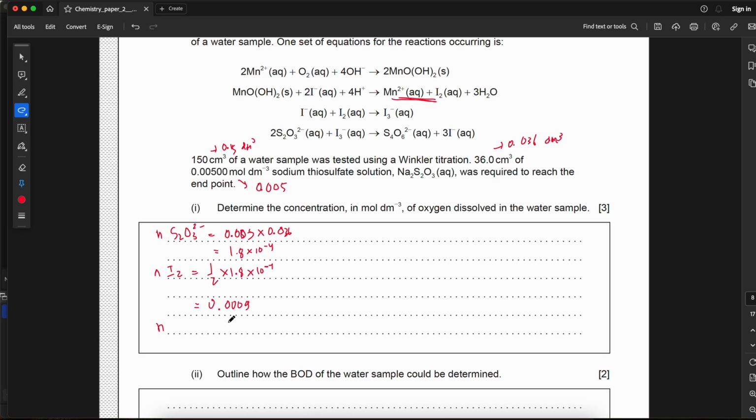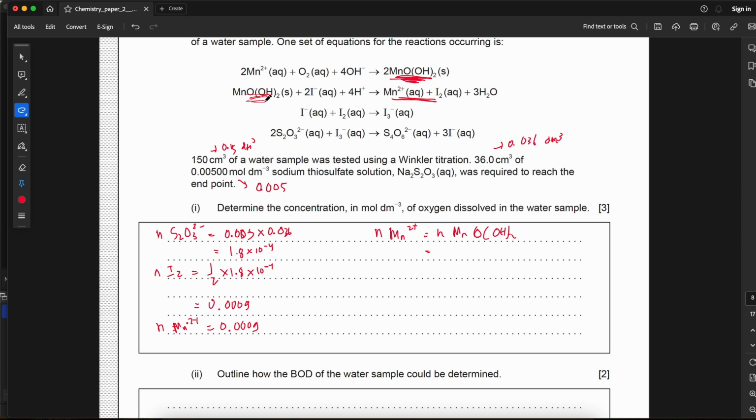It has the same coefficient, so Mn2+ will be 0.00009. And now we go to the manganese hydroxide, Mn(OH)2.